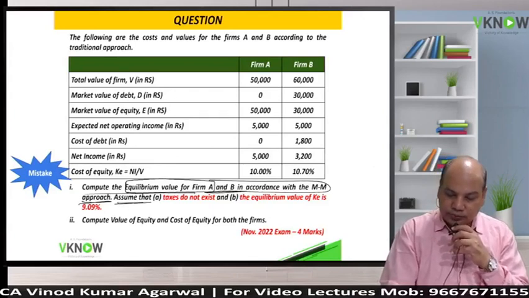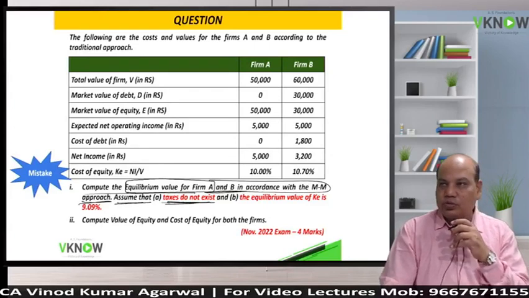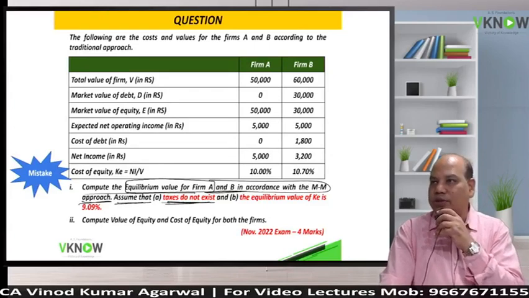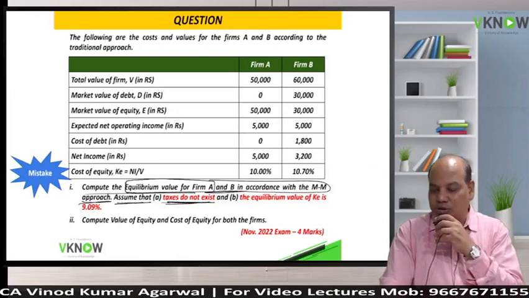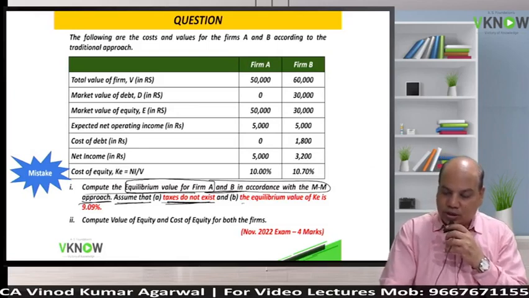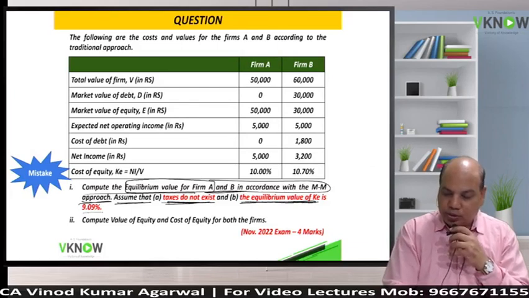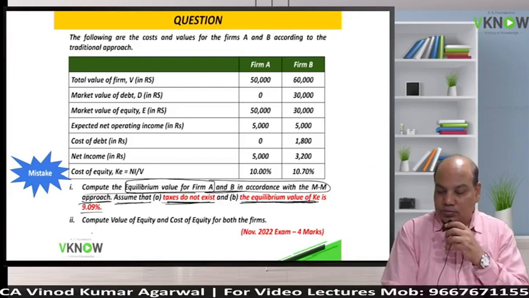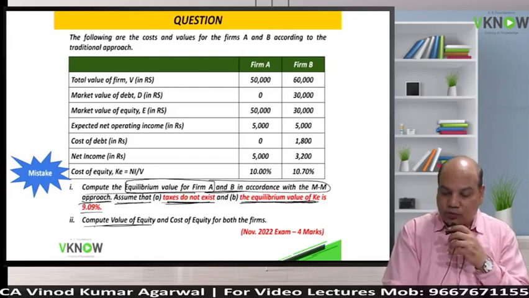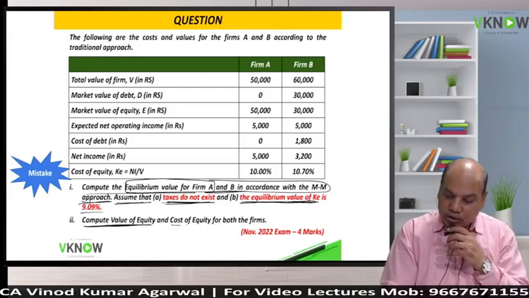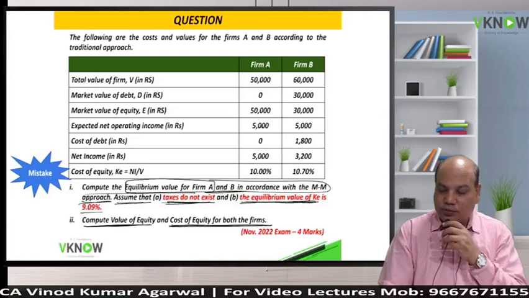Assuming that taxes do not exist. So this is M&M approach without taxation. Enjoy, no taxation. And the equilibrium value of KE is 9.09%. Compute the value of equity and cost of equity for both the firms.